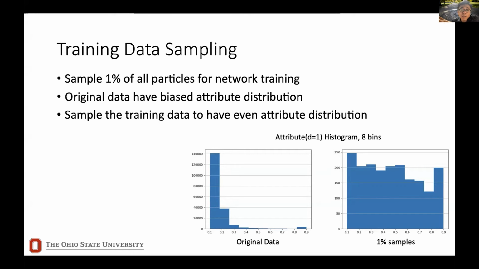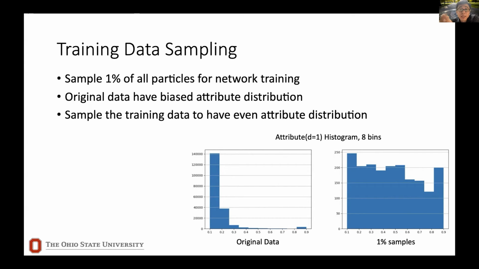So we actually try to reverse it. The chart on the left is the distribution of particles. You probably don't need to worry too much about what the x-axis is, but you can imagine the y-axis is the frequencies. We try to sample as many particles from the not so frequent groups as possible, such that our network is able to capture not only the most common particles, which are typically background, which is boring.